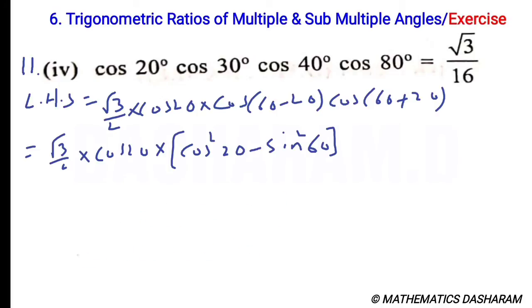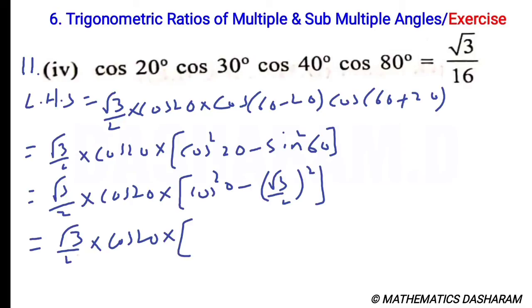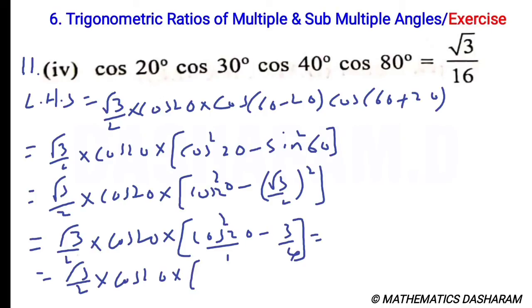So now substitute: root 3 by 2 into cos 20 into cos square 20 minus sin 60, which is root 3 by 2 whole square. So root 3 by 2 into cos 20 into cos square 20 minus 3 by 4. So now take the LCM here, root 3 by 2 into cos 20 into, so the LCM is 4.